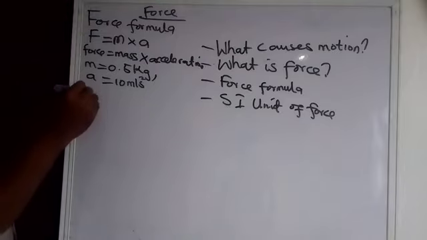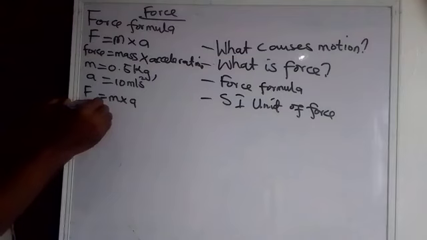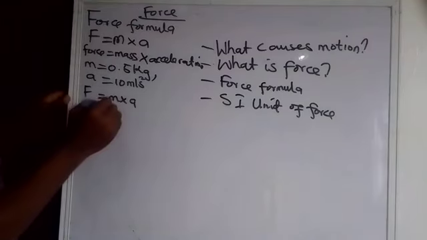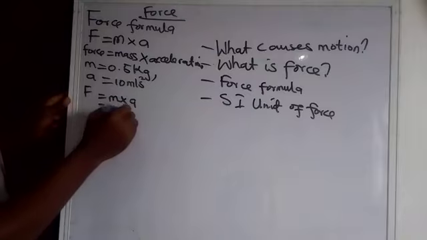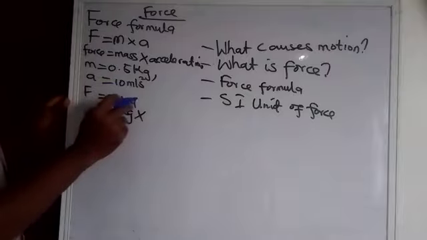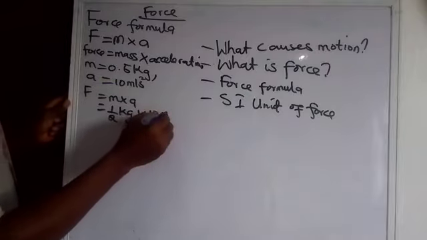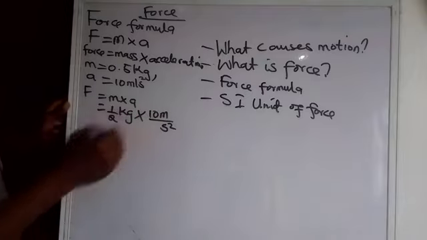You say force is equal to mass times acceleration. Remember, the mass is already in kilograms, so you don't have to change it. 0.5 means 1 over 2 kilogram times, what is acceleration? 10 meters per second squared.